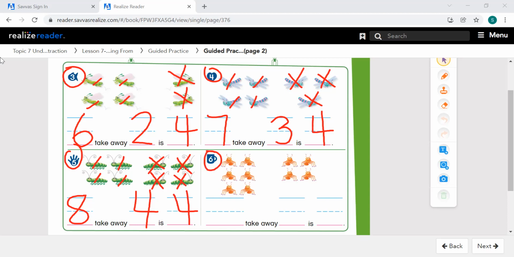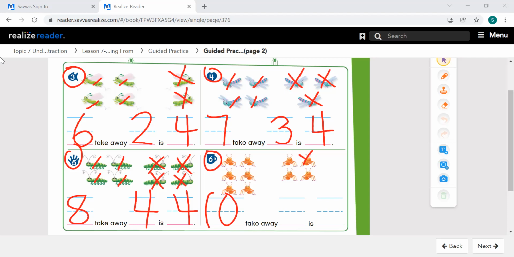All right, last one. We have ants here. So there are 10 ants on a picnic basket. 10 ants. 4 of those ants walk away. So what do we do to these 4 ants?